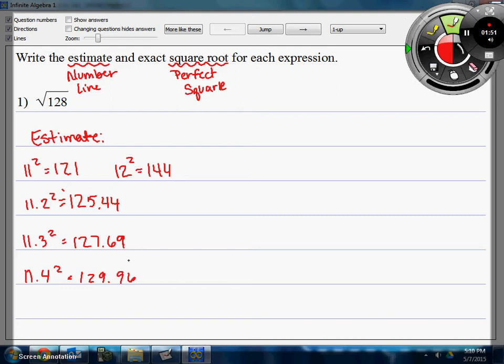Okay, so the 127.69, this is the closest. So the square root of 128 is going to be about 11.3.